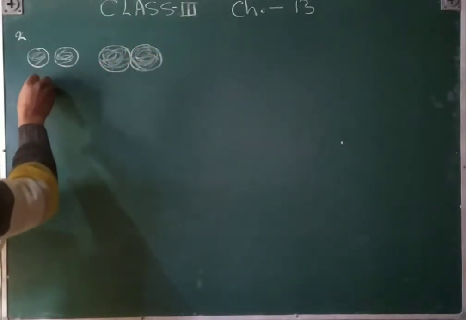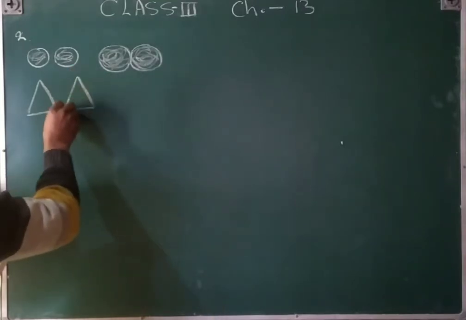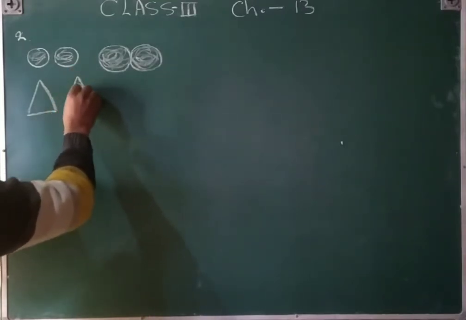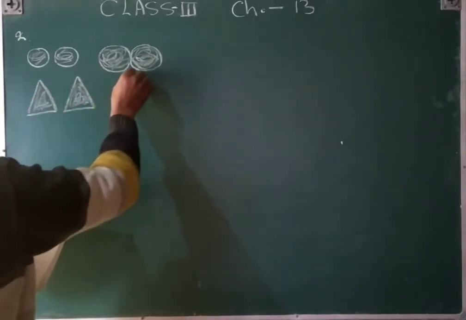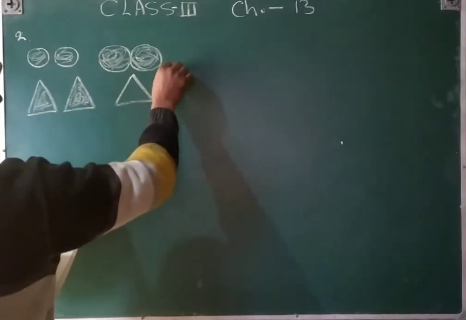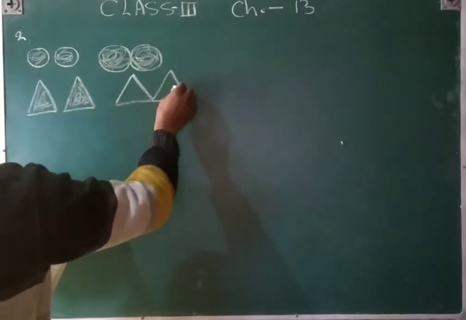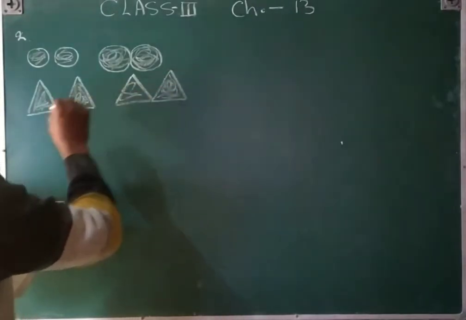Then second, 2 triangles are given separately here, so you will draw both triangles touching, and then you will use the color here.